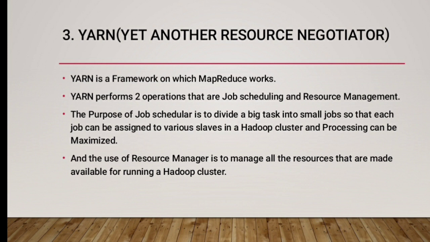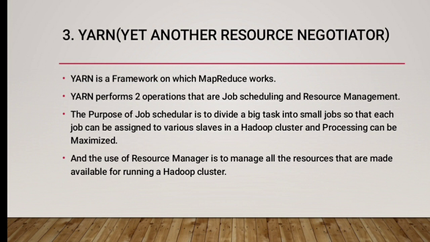The next component of the Hadoop architecture is YARN, that is, Yet Another Resource Negotiator. YARN is a framework on which MapReduce works. YARN performs two operations: job scheduling and resource management. The purpose of the job scheduler is to divide a big task into small jobs so that each job can be assigned to various slaves in a Hadoop cluster and processing can be maximized.